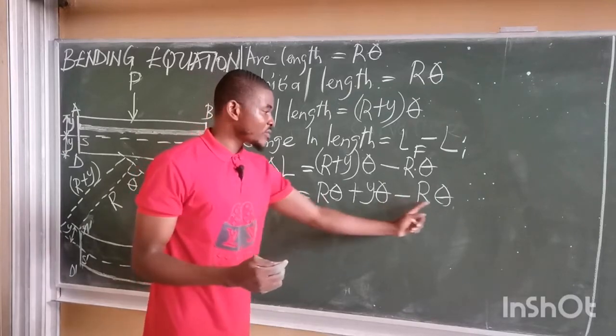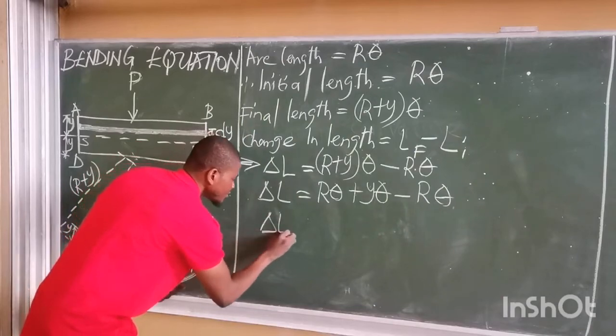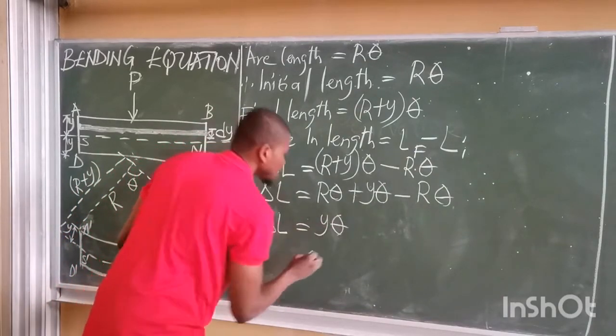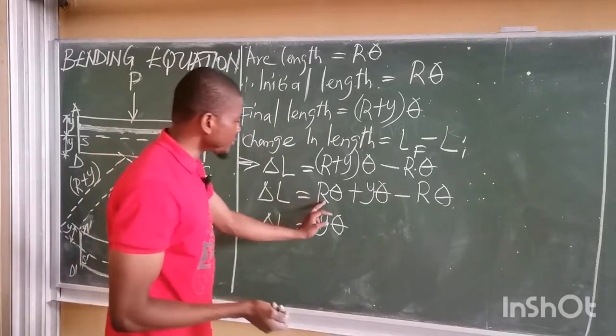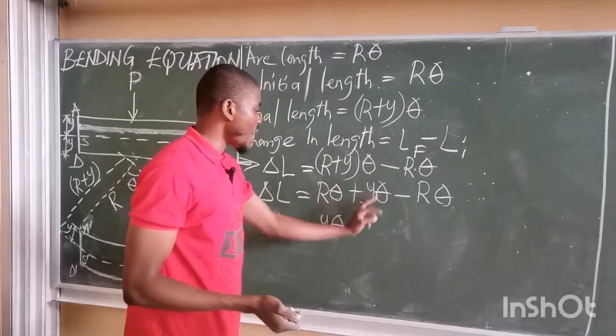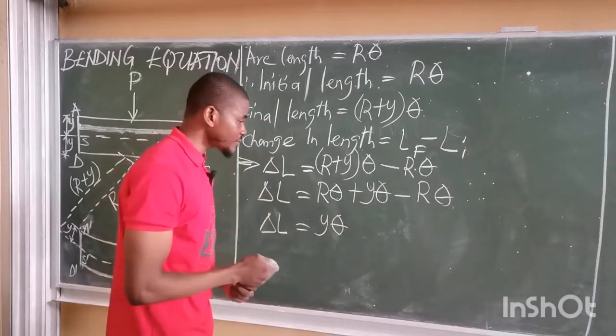R theta minus r theta is gone. So it simply means that we have change in length to now be equal to simply y theta. So let's keep this equation here. R theta minus r theta becomes 0. So I'm left with simply what? Y theta. That becomes my change in length.